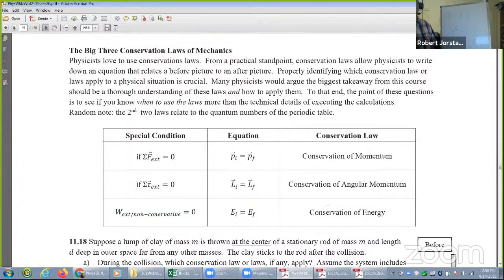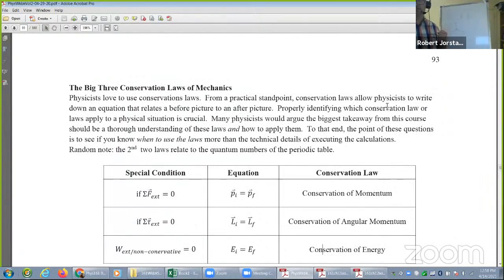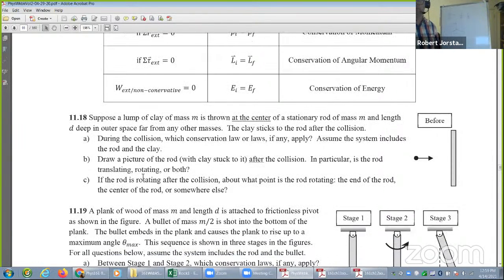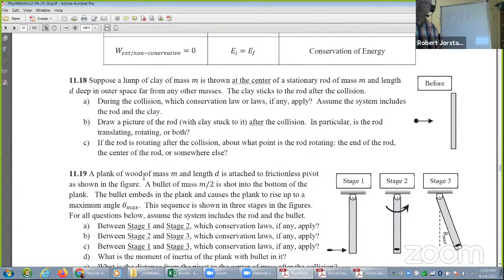That's something that I want to be beaten into you. The rest of the questions in this chapter from page 93 on focus on not necessarily doing the work, but knowing which equations apply. And this is going to show up on your final. So I'm going to literally ask something and say, which conservation laws show up? So if you do these problems, you'll get a feeling for when I should do this.